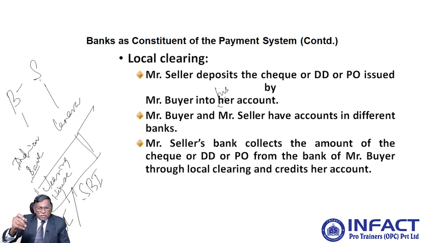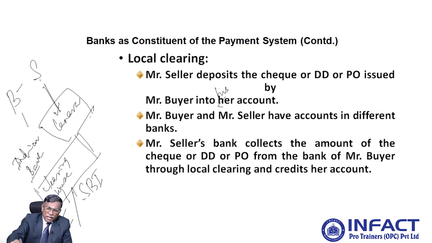What happens between the buyer and seller? The buyer gives a check in favor of the seller. The seller goes to his bank, Canara Bank, and deposits the check. Canara Bank in turn goes to the clearing house, where they find Indian Bank is also coming.